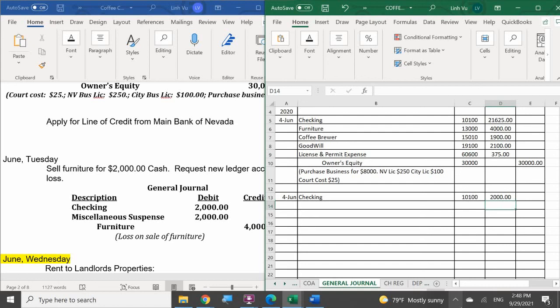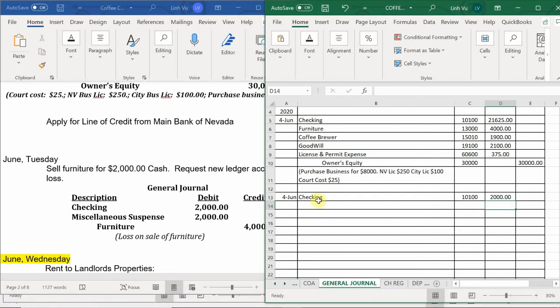But since I got rid of all my furniture, which is worth $4,000, I lost $2,000 somewhere. So therefore, again, miscellaneous expense. I told you to put it into miscellaneous expense.